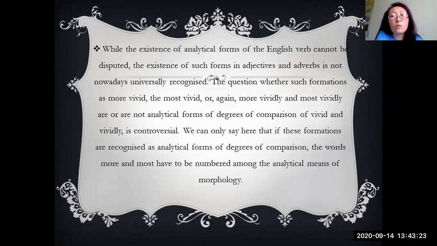While the existence of analytical forms of the English verb cannot be disputed, the existence of such forms in adjectives and adverbs is not nowadays universally recognized. The question whether such formations as more vivid, the most vivid, or again more vividly and most vividly are or are not analytical forms of degrees of comparison of vivid and vividly is controversial.